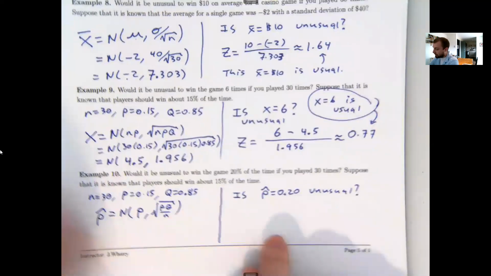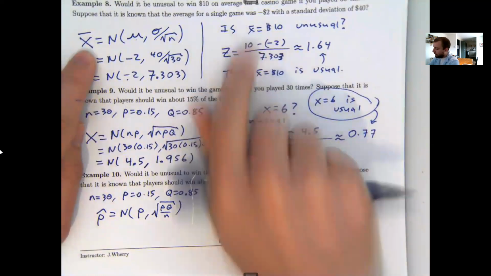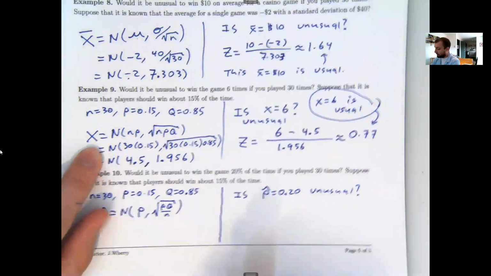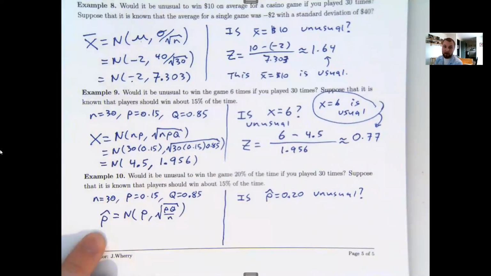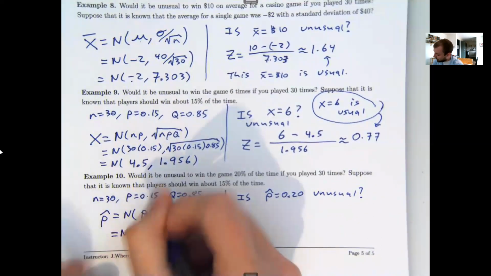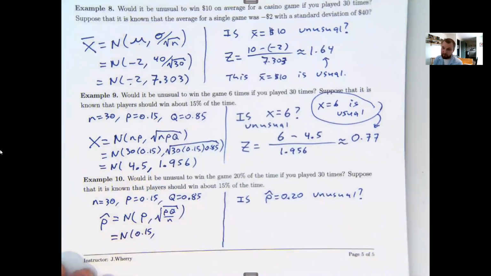Again, I just want you to notice my question x bar matches up with my model x bar. My question about x matches up with my model about x. My question p hat matches up with my model of p hat. For p, I'm plugging in 0.15. I expect to win 15% of the time, so 20 seems like it might be a little bit high.